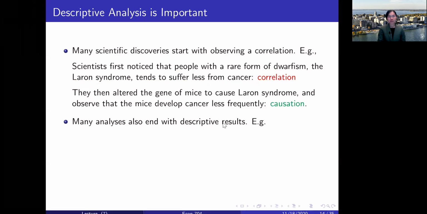Then, observing this correlation, they started to alter the gene of mice to cause Laron syndrome in the mice. And they found that those mice actually develop cancer less frequently than those whose genes were not modified. So by doing this experiment, following the correlation story, they found a causation story, that the gene governing the Laron syndrome causes the mice to have cancer less frequently.